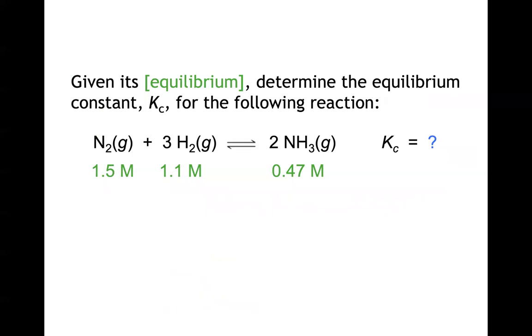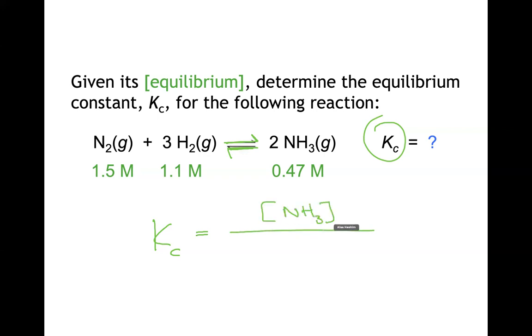Okay, here's another one. It says, given the equilibrium concentrations, determine the equilibrium constant, right? So it already gave us the concentrations at equilibrium. Anytime we're determining the equilibrium constant, we need to use the concentrations at equilibrium, when the reaction has reached equilibrium, not the initial concentrations. Okay, so what's the equilibrium constant equal to? Well, we don't have any pure solids or liquids, so we're just going to use the product.